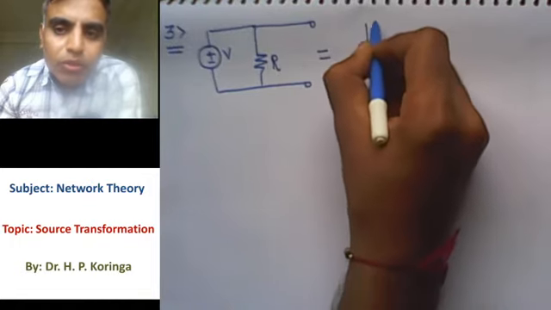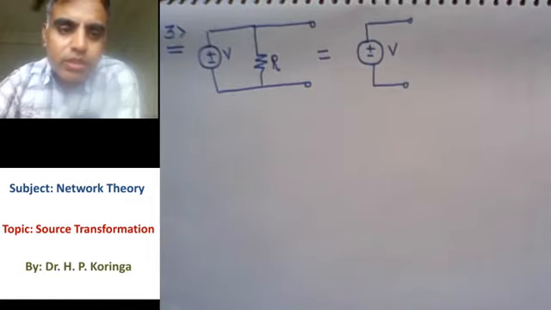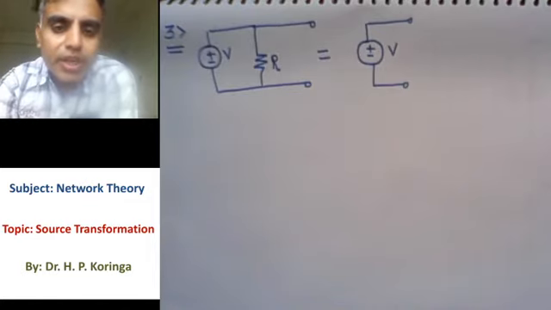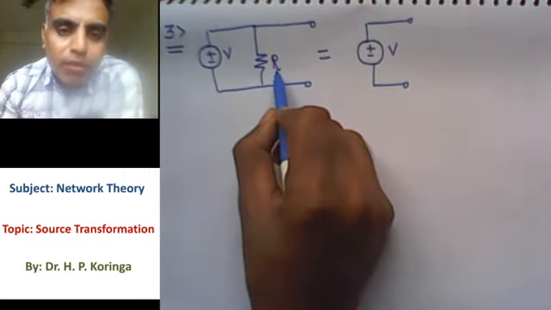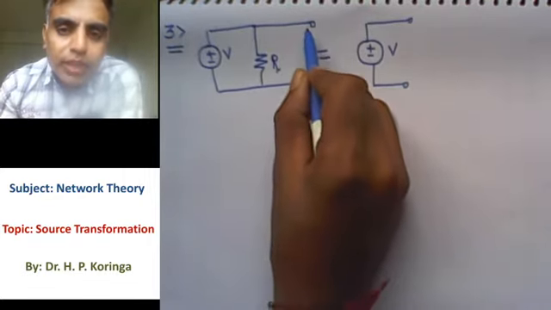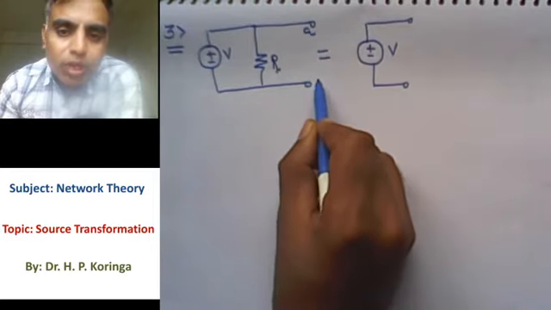There is no effect of this resistance if it is connected in parallel to any voltage source. If you connect a parallel 1 ohm with a V voltage source, then also we get the terminal voltage as V volt.